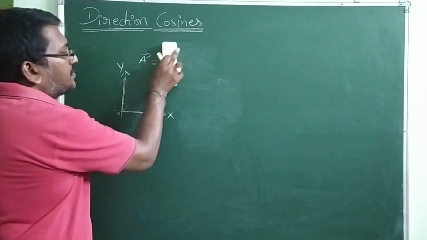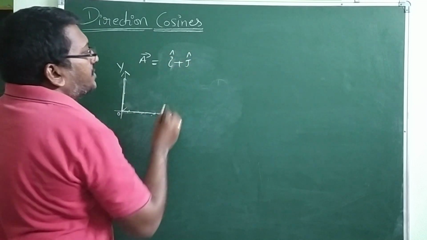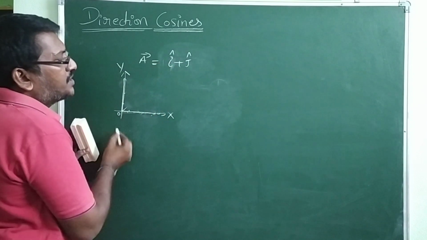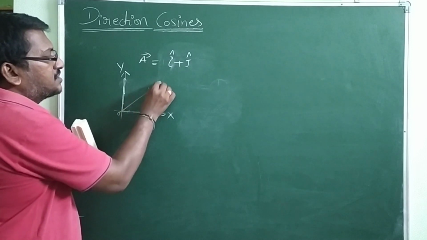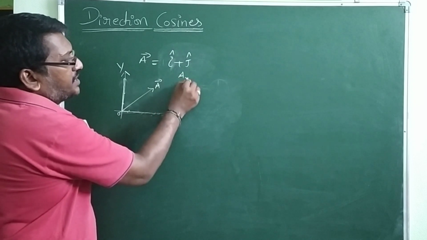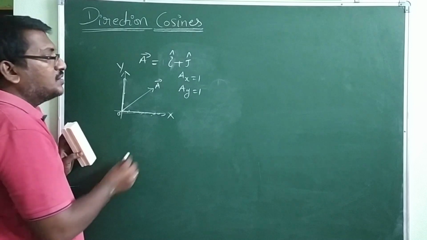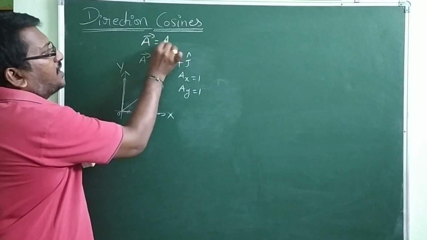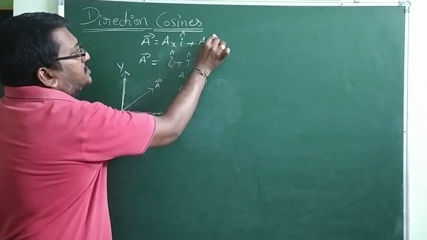For example, I am giving the vector i cap plus j cap. That means here the x component is 1, the y component is also 1. So this is a bar now. The vector ax is equal to 1, and at the same time ay is equal to 1. So you can write the vector a bar is equal to ax i cap plus ay j cap.